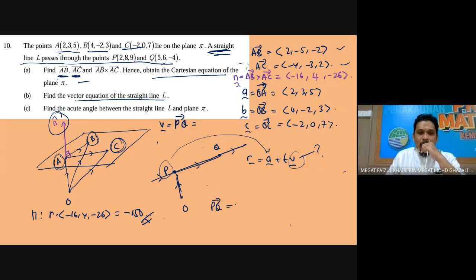PQ equal to OQ minus OP, which is (5, 6, -4) minus (2, 8, 9).